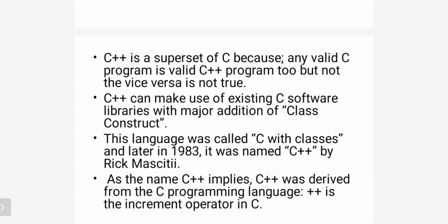We implemented the classes concepts on top of C language. So any program implemented in C can be used in C++ without any changes or modification. But C++ programs are not valid in C language because it is an updated version.